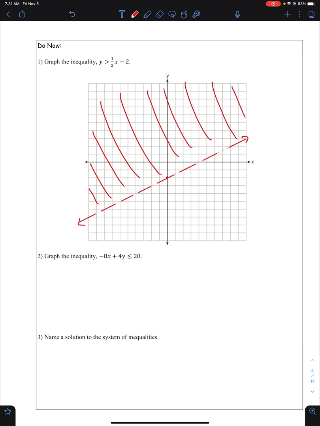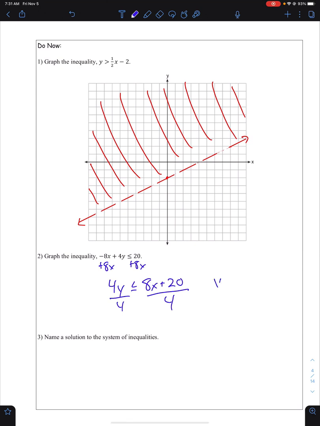And now we have to also do the same thing for the second equation. But taking a look at the second equation, why can't I graph it how it's written? Well, I guess you could if you want to do an XY chart. But you have to get the y by itself to make it a lot easier on yourself. So I'm going to add 8x on both sides. 4y, getting the y by itself, equals 8x plus 20. And now I divide by 4 to get the y by itself.